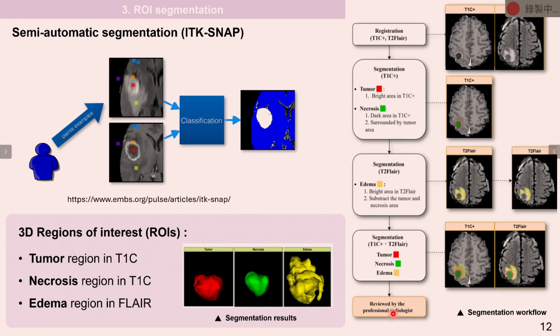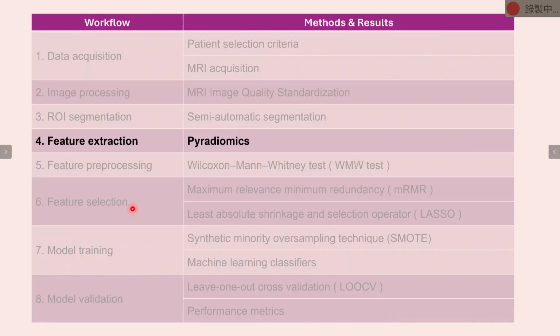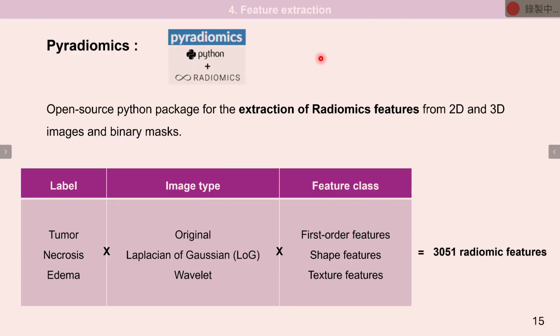And next is feature extraction. We use Pyradiomics to do feature extraction. Pyradiomics is an open source Python package for radiomic feature extraction. And there are 3 main parameter settings, including label, image type, and feature class, and we have 3 labels.